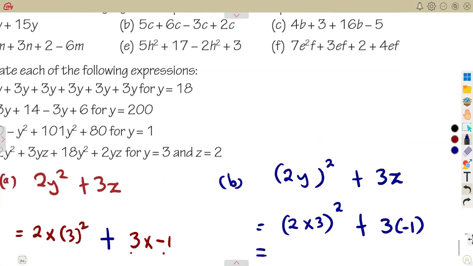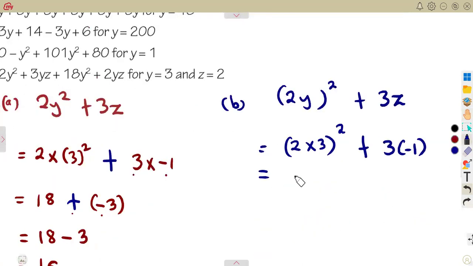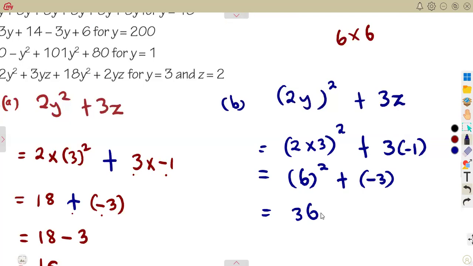All right, so let's simplify. That is the bracket first. So 2 times 3, which is 6, and we've got 6 squared. So you can just write it as 6 squared plus 3 times minus 1, which is a minus 3. Remember, 6 squared is 6 times 6, which is 36. So that is going to be 36 plus a minus 3.